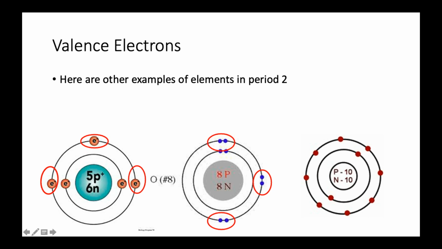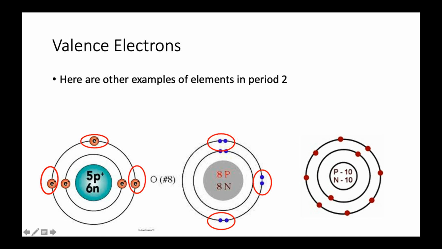Notice boron has 3 valence electrons because it's in that third column. And then oxygen is 6 because, again, if we continue to count across our periodic table, we'll be able to determine the valence electrons that will be in this Bohr model without even having to construct the Bohr model.